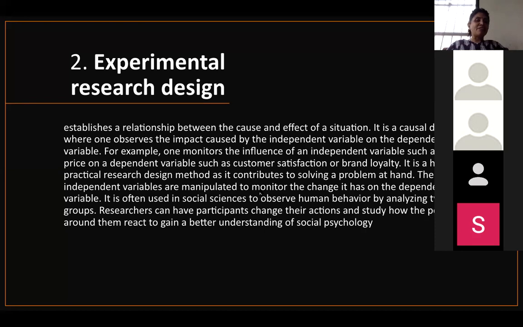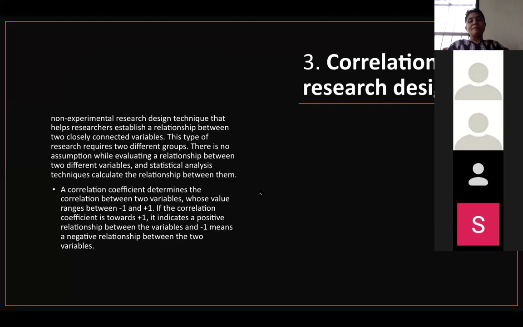He gets angry fast, is all the time upset, etc. And when it comes to physical health, he's sick all the time. He catches cold quickly, faster than the others, etc. Right? Now, when you talk about experimental, you don't assume while evaluating the relationship between two variables. There is no assumption, practically you're observing.